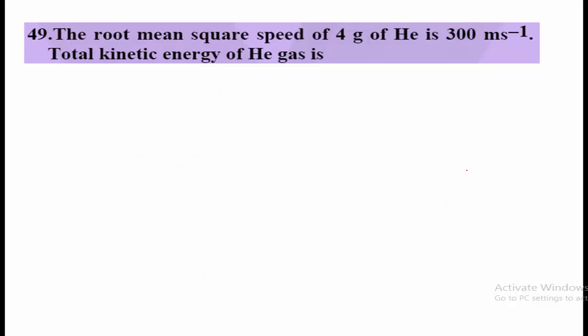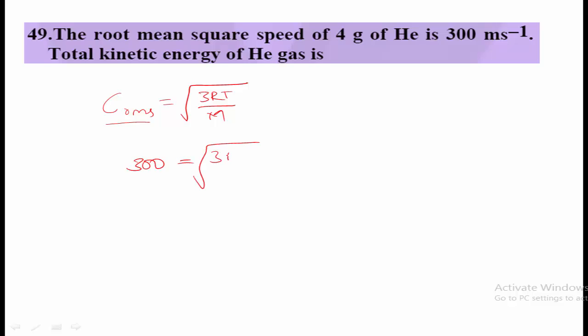49th, the root mean square speed of 4 gram of helium is 300 meter per second. Total kinetic energy of helium gas is asked. Root mean square speed is given by C_RMS is equal to square root of 3RT divided by capital M. Already the root mean square speed is given, that is 300. Substitute that.